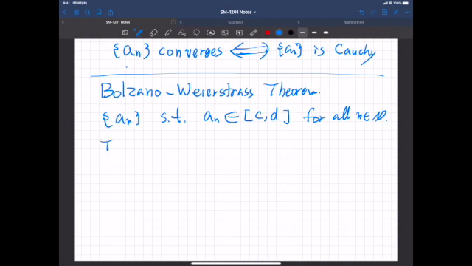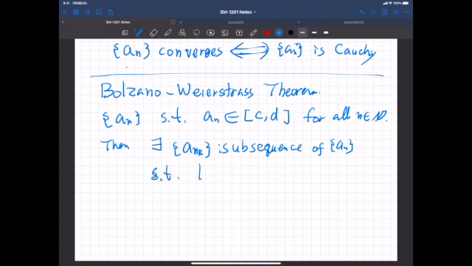Then there exists a subsequence a_{n_k} of a_n such that it converges to some value between c and d.